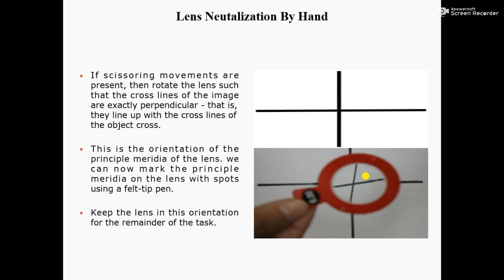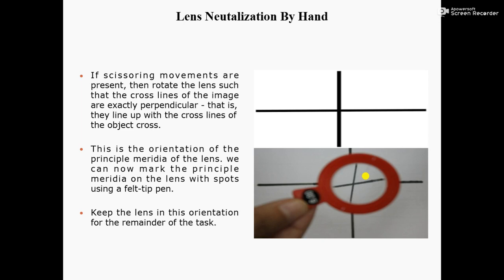Next, if scissoring movements are present, then rotate the lens such that the cross lines of the image are exactly perpendicular, that is, they line up with the cross lines of the object cross.